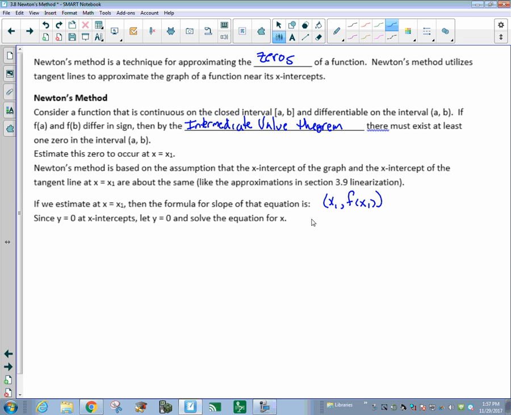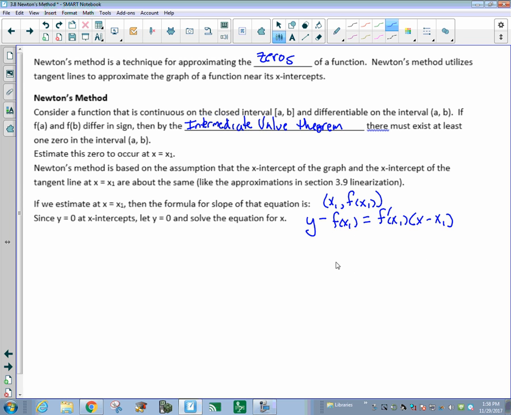We're going to use the tangent line equation to help us find this, and this is very much like what we're going to do in 3.9 when we get there. I'm using point-slope form here, and we will take this equation and solve it for x.